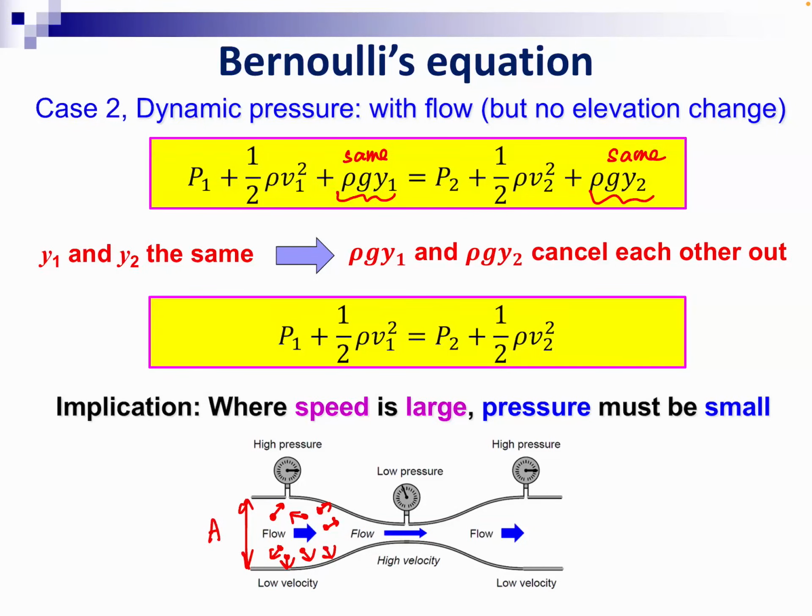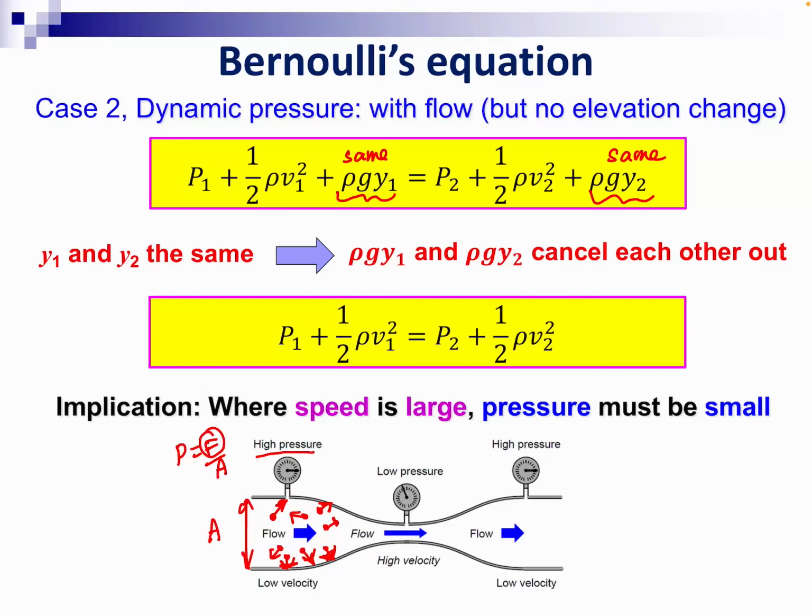Remember that pressure is equal to force over area. Since the water molecules are moving slowly in this wider pipe, they are able to exert a lot of force on the pipe. And a lot of force means high pressure. That's why if the water molecules are moving slower, this area of the pipe will have a higher pressure.